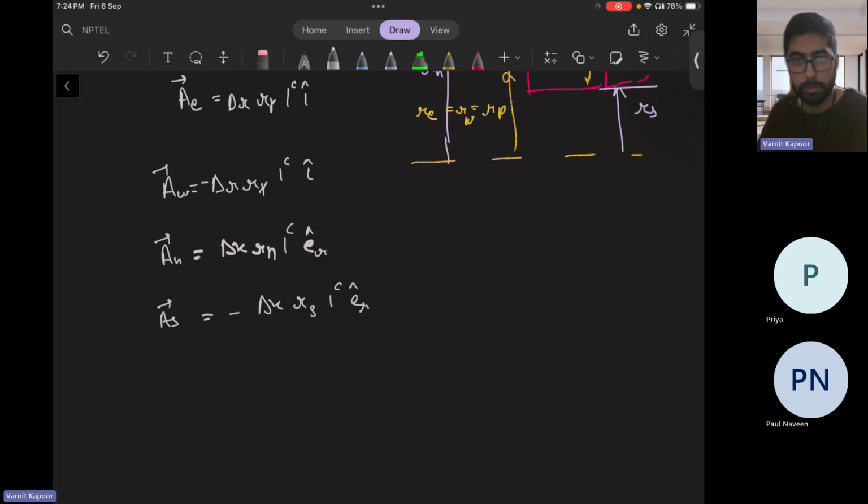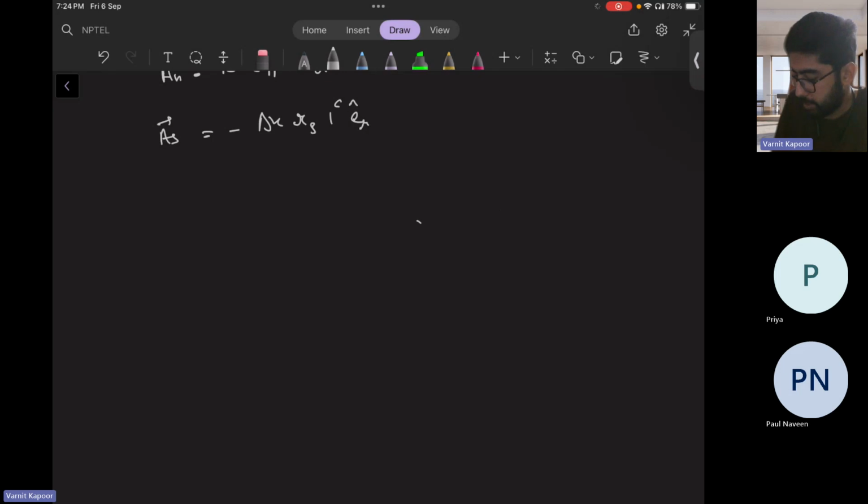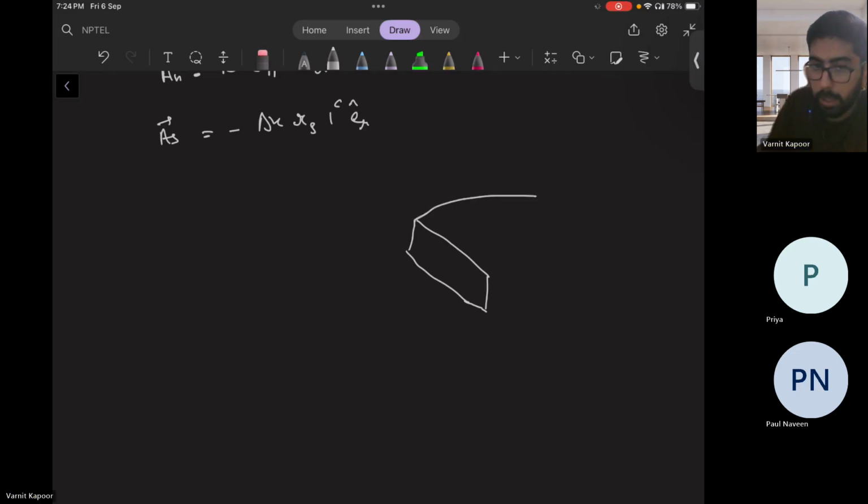The cell looks something like this. We make the figure, a clear figure again. Suppose I'm watching the cell from here. This is here, this is here. So this is your r coordinate, this is your x coordinate.